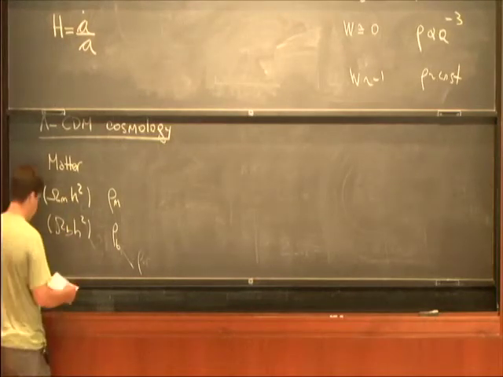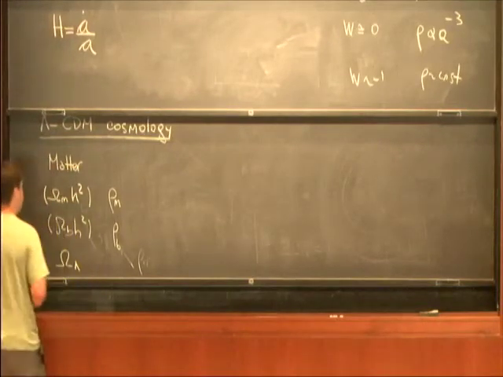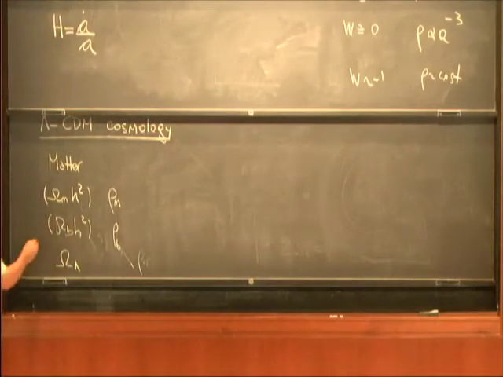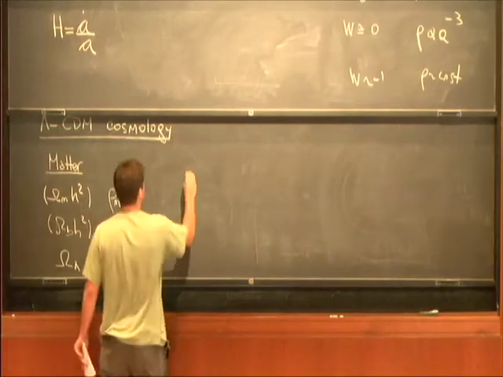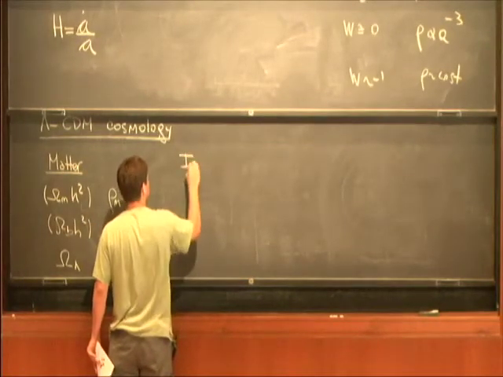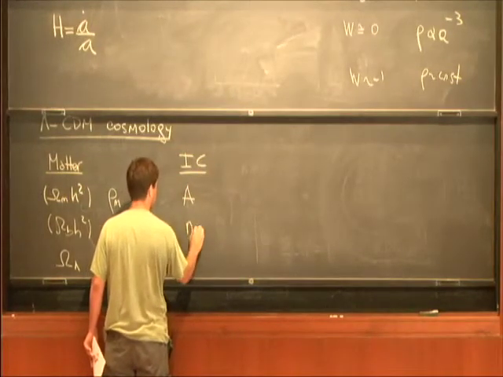So these are 2 of the parameters that you need, and then the value of the cosmological constant, or omega in the cosmological constant. These are the 3 parameters that you need to describe pretty much all of the observations on the large scales, the parameters that have to do with the matter content of the universe. Then there are parameters, as I said, having to do with the initial conditions, and these are just the amplitude and the slope.